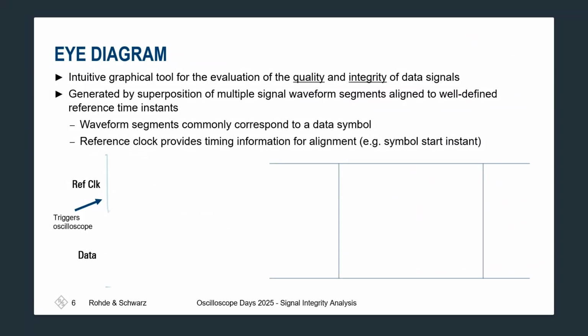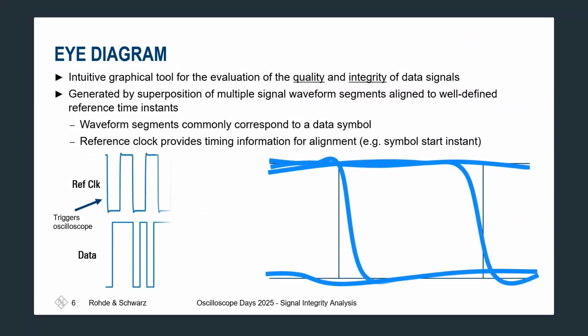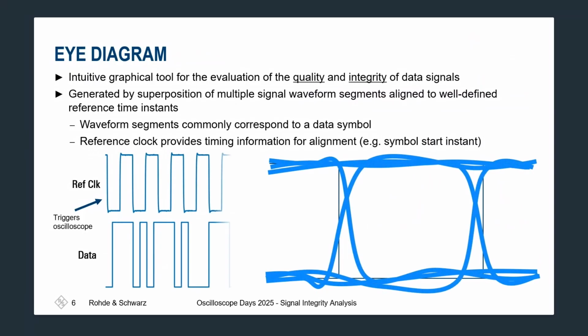As the data comes in and the reference clock is triggering, we overlay the data to create an eye diagram. We can then put in a mask and create a test where we create boundaries for where we'd like the test of amplitude or horizontal displacement to occur.